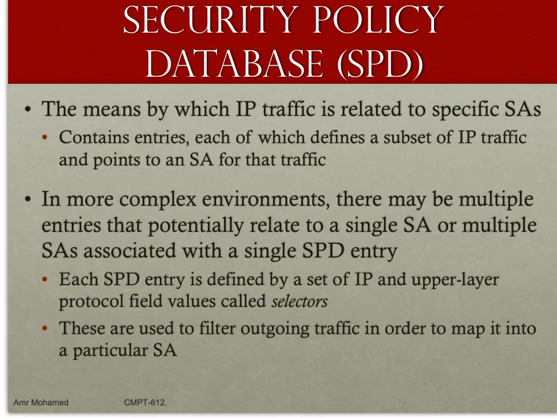So in a more complex environment, there may be multiple entries that optionally relate to a single security association. So multiple entries here means I can apply the same security association on multiple applications. Okay, so I can have wildcards. So I say all the traffic that is coming from this network, regardless of whatever application, will go through this tunnel.